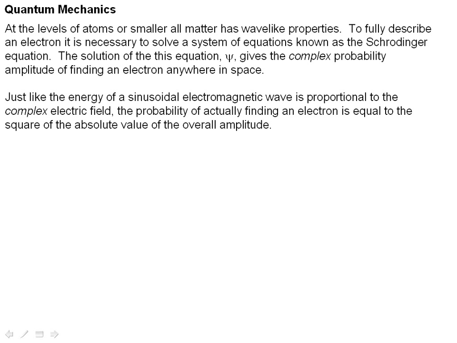And you have to make the analogy between the complex probability amplitude and a sinusoidal electromagnetic wave, which you're much more familiar with. If you want to find the energy of a wave, you basically multiply the field by its complex conjugate, or take the magnitude squared of the electric field, and the actual probability, the real probability of finding an electron at any one point in time, is equal to the square of the absolute value of the complex probability amplitude, just like comparing power and electric fields or power and magnetic fields.